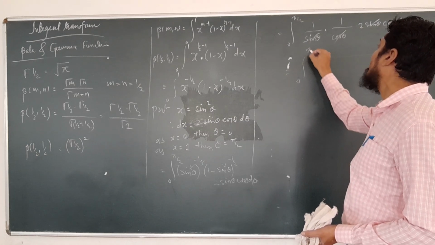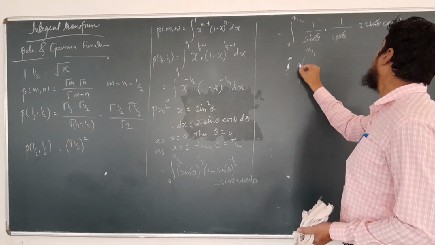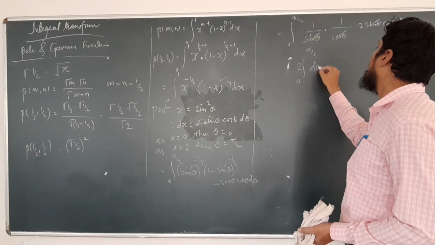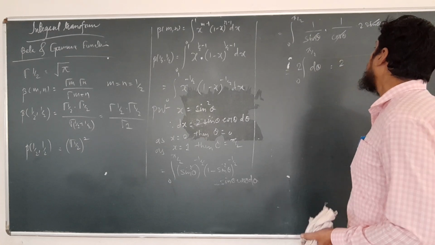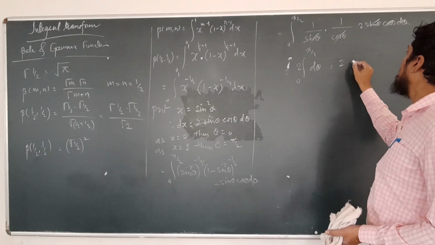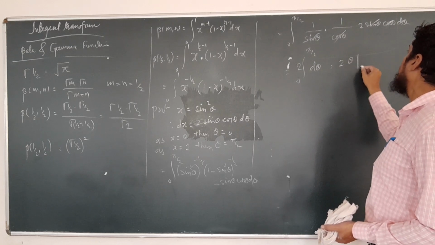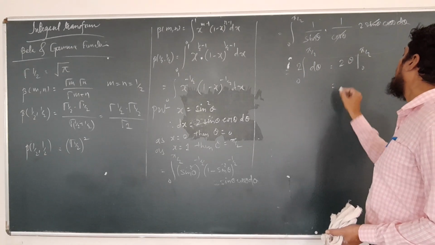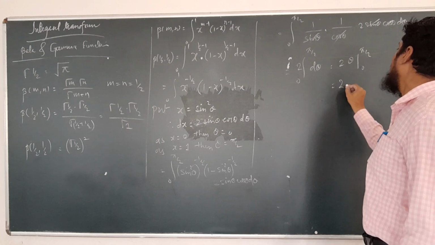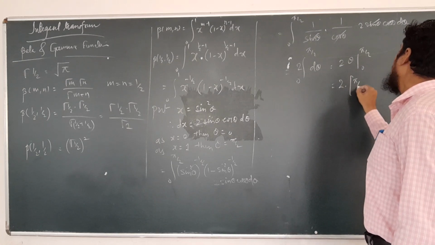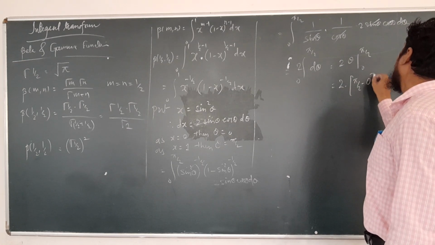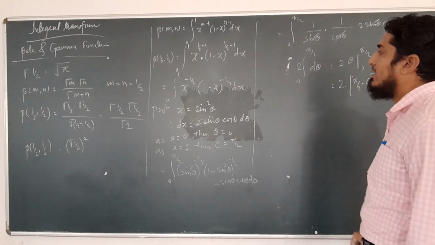Integration from 0 to pi by 2 will give us 2 into d theta. And theta will give us theta from 0 to pi by 2. And we have 2 into pi by 2 minus 0, which is equal to pi.